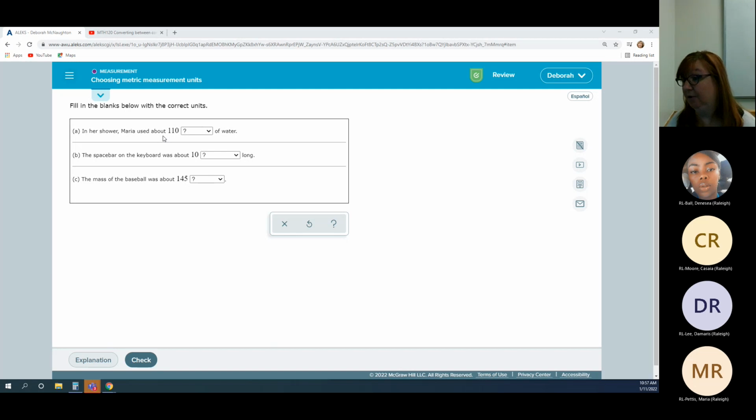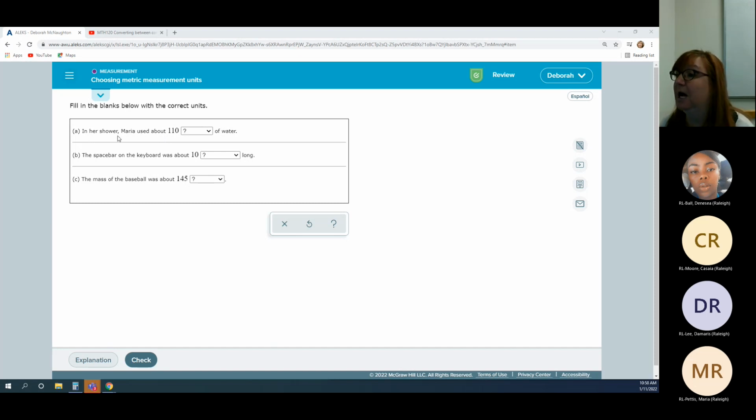And then as far as weight, anything that you would measure in pounds, you're going to measure in kilograms. And anything you would measure in ounces, you're going to measure in grams. And a gram is really light, very, very light. A piece of paper weighs about a gram.